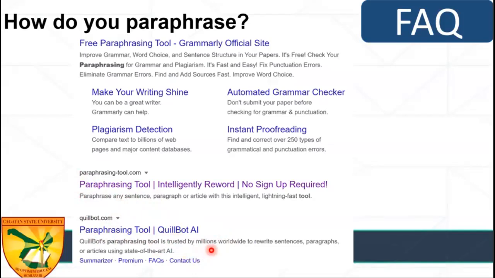Even if you paraphrase a sentence from an article, you still need to cite where you got it. So even if you paraphrase it, you still need to cite, especially if there are statistics or according to or facts that need to have a citation.